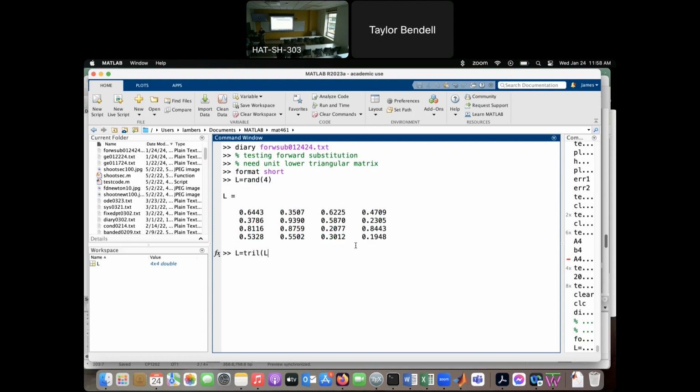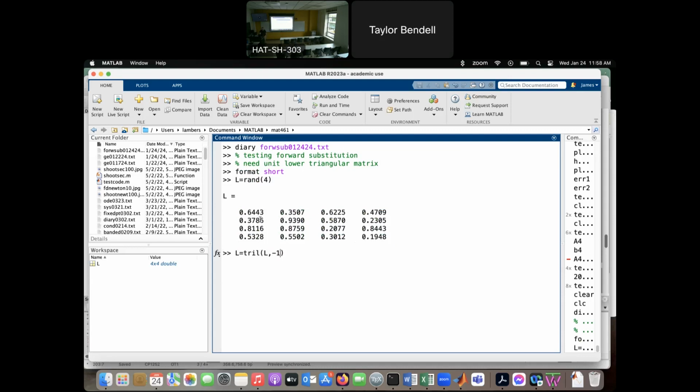Now, if I do just this, that will give me the lower triangle including the diagonal. But since I don't want that diagonal either, I'm going to add a second argument, -1. Now, the way MATLAB identifies diagonals, the main diagonal is diagonal number 0. Diagonals above the main diagonal are given positive numbers, so first diagonal, second, third.